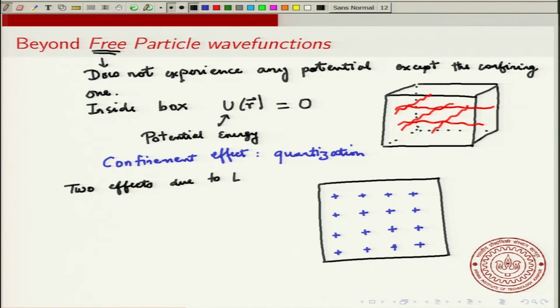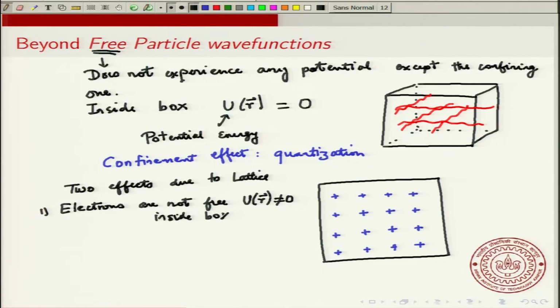That means the potential is not 0, so u of r is not equal to 0 inside the box. At various positions the electron will feel some potential.